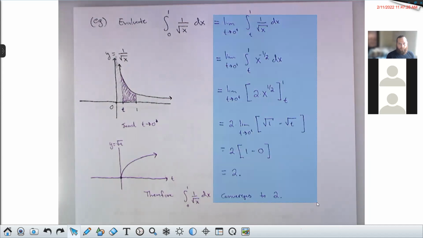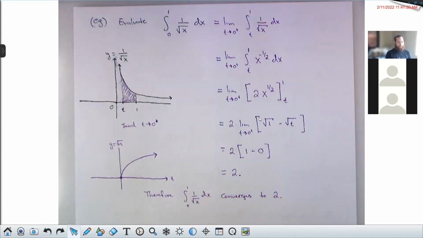Questions on any of these steps or graphs, limit work, any of that? Okay.